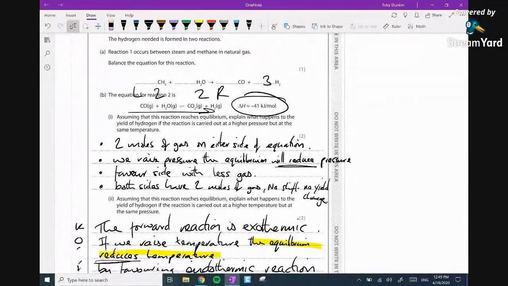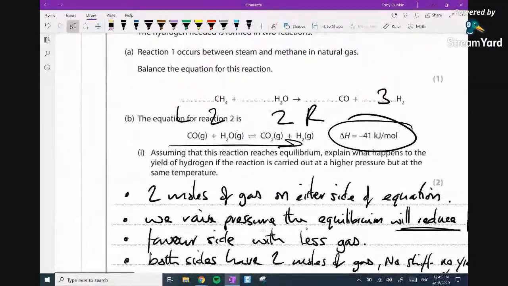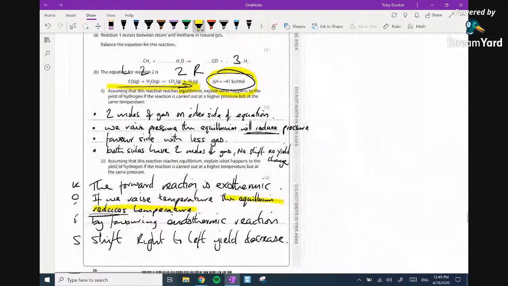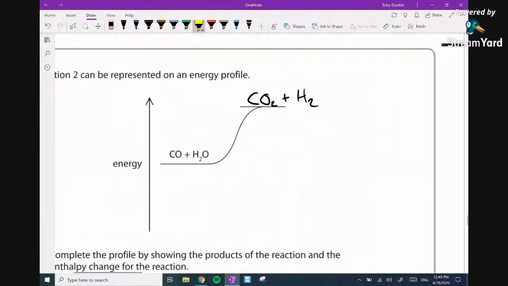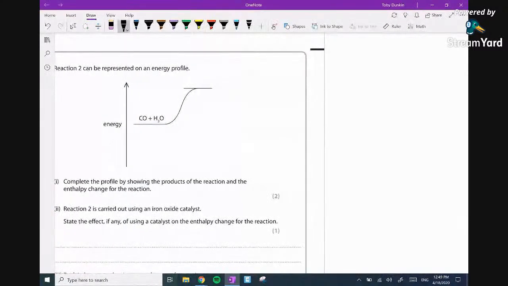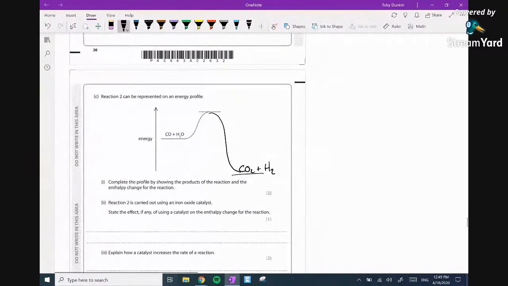Guys, it's a trap. This way to this way. Yeah, there to there is exothermic. That graph says endothermic. This is incorrect. This is the transition point. CO2 and hydrogen. How bizarre. That's really mean, folks.